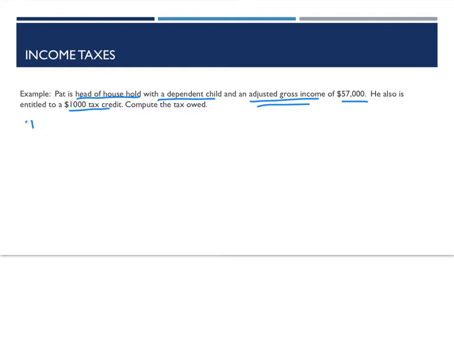To figure out the taxable income, we have to take his adjusted gross income, and we're going to subtract off $4,050 for himself and $4,050 for his dependent child. Now he's head of household, so we also get to subtract off $9,300 for his filing status. His taxable income is $39,600. That is the amount that we take to the tables.